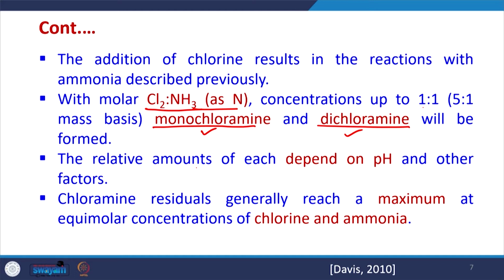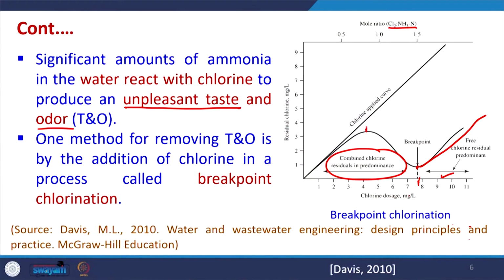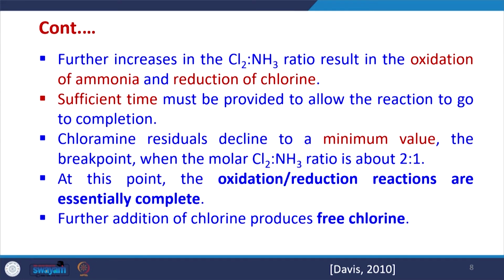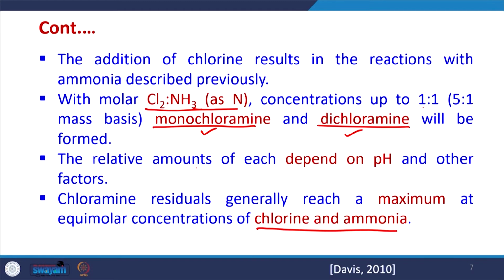Now, the chloramine residuals generally reach a maximum at equimolar concentrations of chlorine and ammonia. We can see in the figure that this is reaching a maximum around 1, in the range of 0.5 to 1. This is the ratio at which the maximum combined chlorine will be formed.